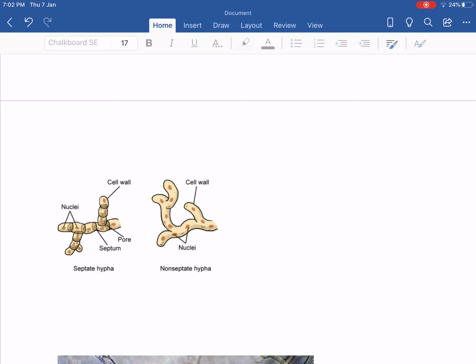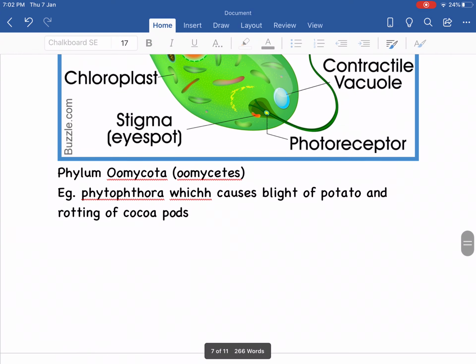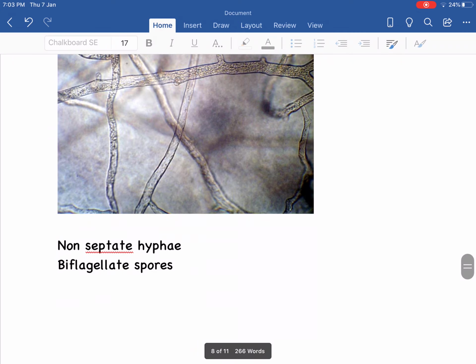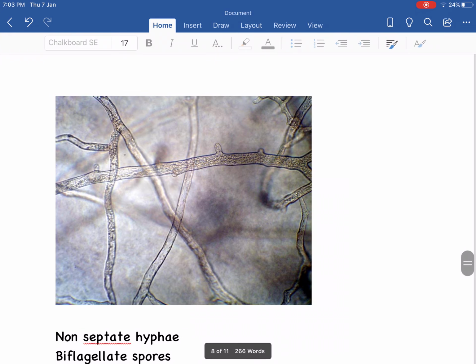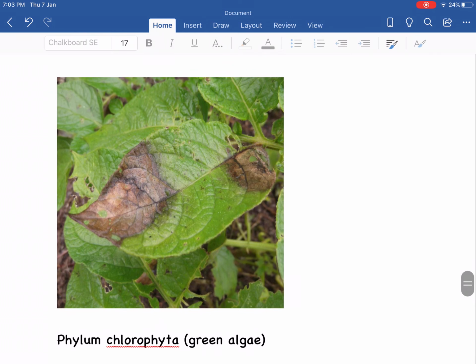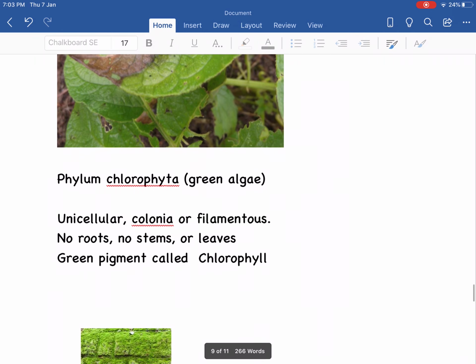As you can see, the illustration on the left has the minor divisions, and the illustration on the right, which is the non-septate hypha, has no division. So the Oomycota has the non-septate hypha. This is how they look under the microscope. And they cause the blight in potato. So this is the harm they can cause to the plants.